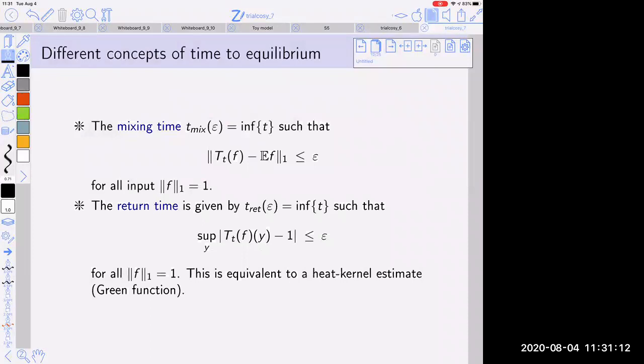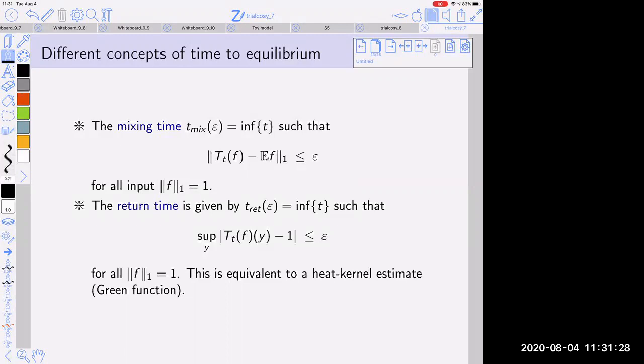And then we have different concepts of time to equilibrium. This is qualitative. First of all, we could ask how long does it take until T_t of f minus E f is small in the L1 norm on average? That's the mixing time.